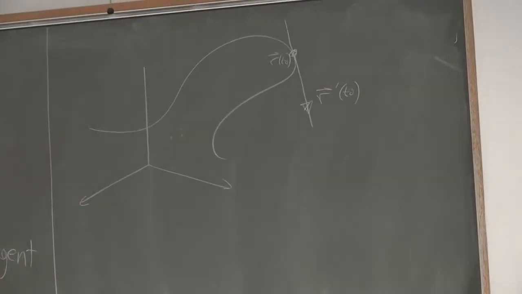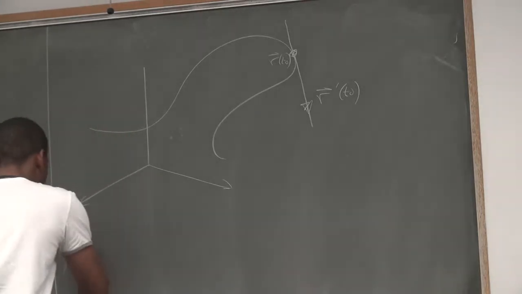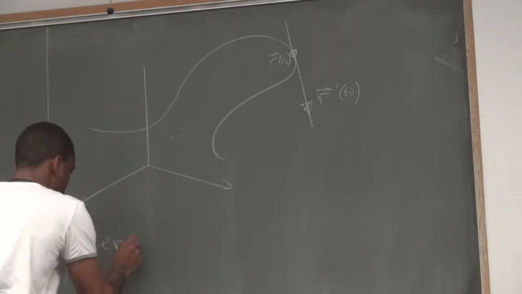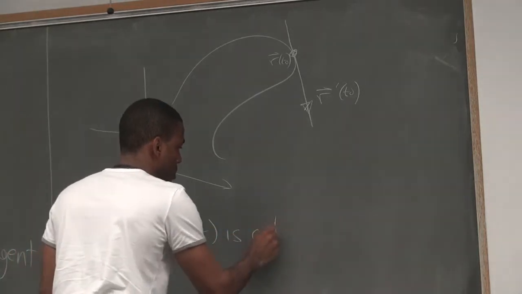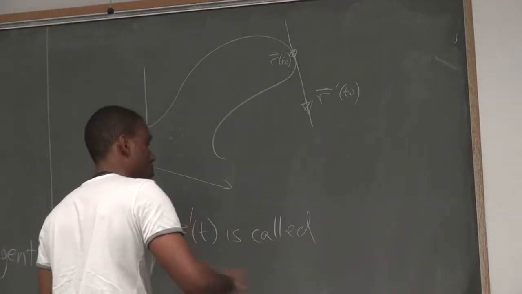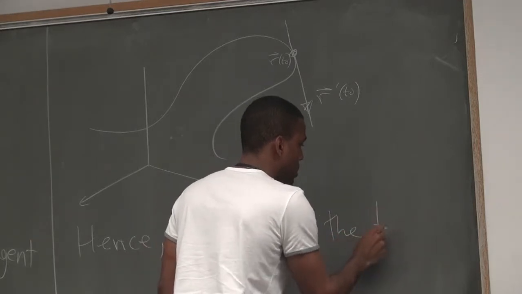The derivative gives you the direction of the tangent line, just like before. Hence, r prime of t is called the tangent vector.